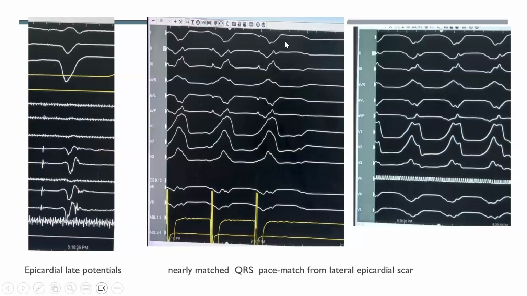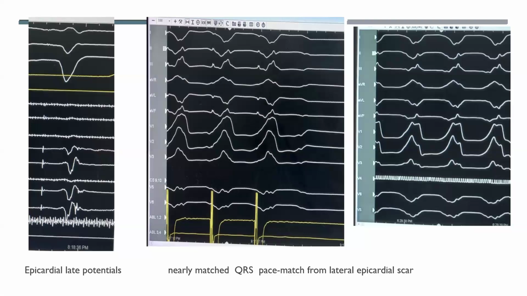As you can see, lead 1 is the same, lead 2 is the same, lead 3 is the same. So after finding that the epicardial late potential matches the clinical tachycardia, this assures us that we are on the right track.